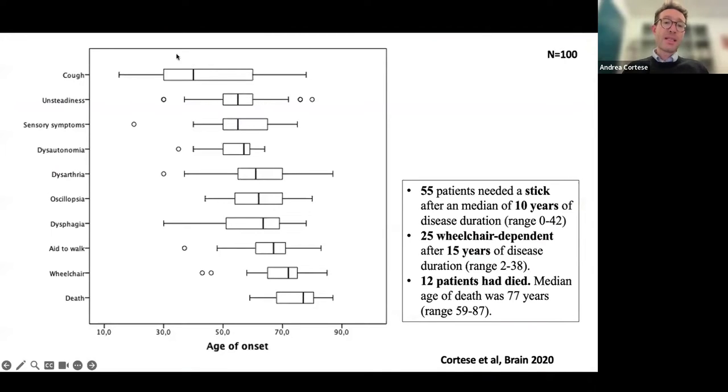But as said, this is a chronic disease. It progresses very slowly over time. And one of the things that we realized very early is that one of the earliest presentations is the presence of a chronic cough. Now, we still don't know where it comes from. I know that for many patients, for many of you, it might be particularly troublesome.